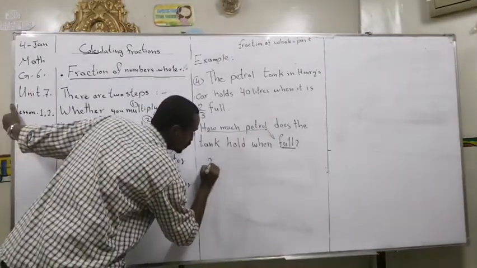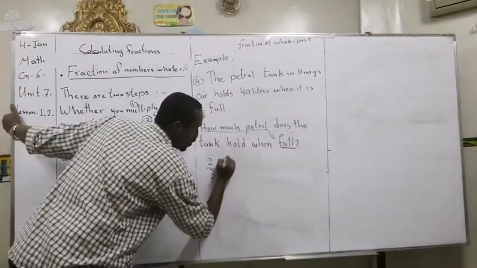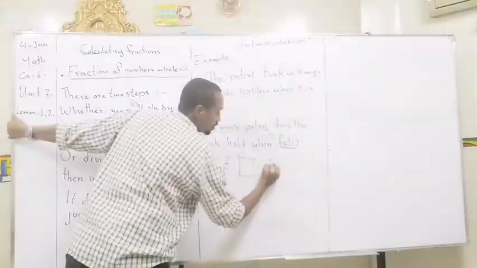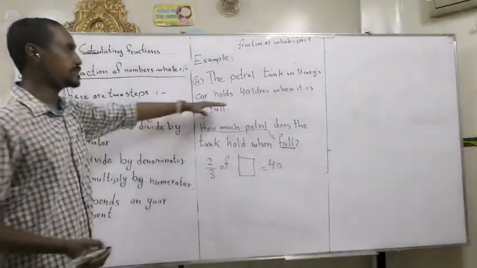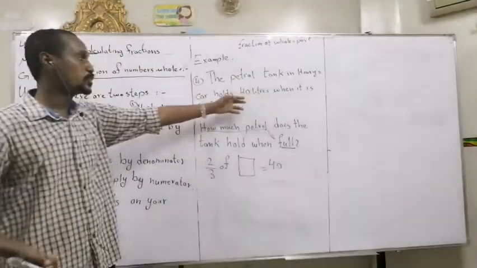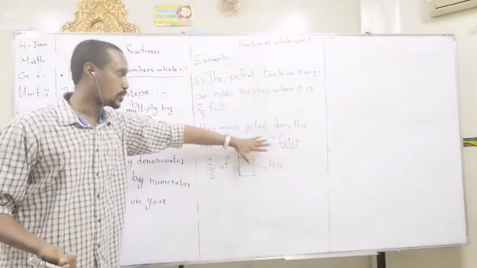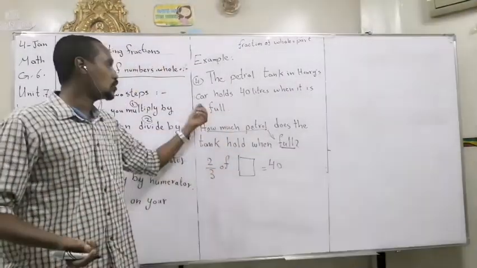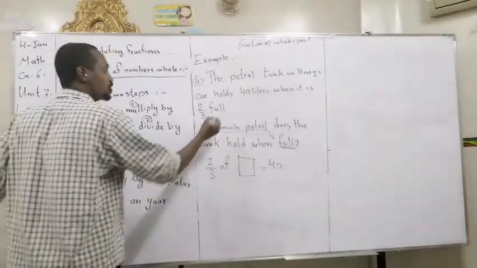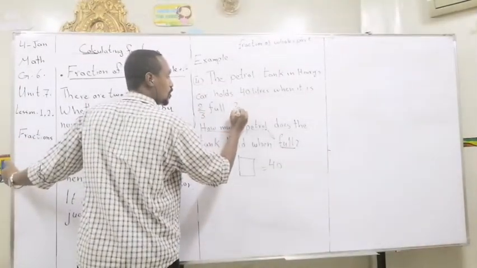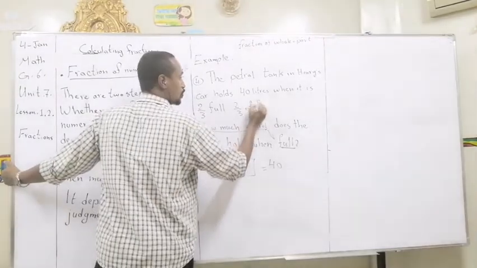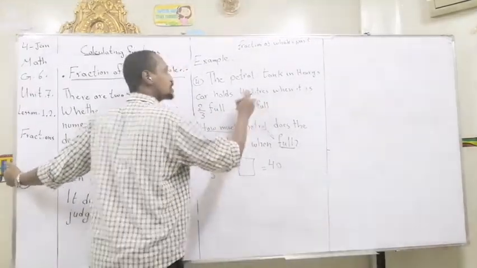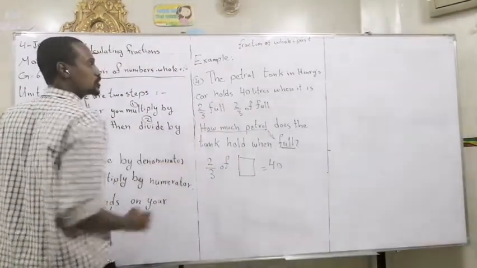That means it will be 2 over 3 of the missing number equals 40. If you didn't understand which one they gave us, read the question and try to understand it. So 2 over 3 full actually means 2 over 3 of when it's full. 2 over 3 of full equals 40.